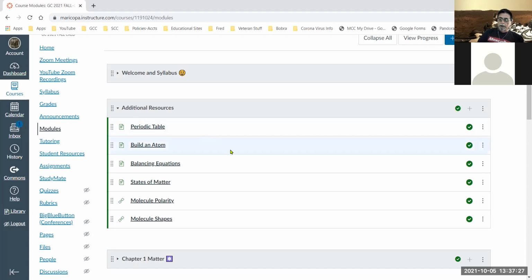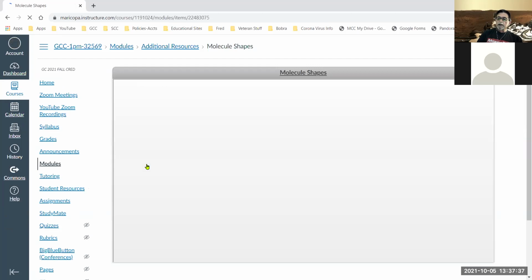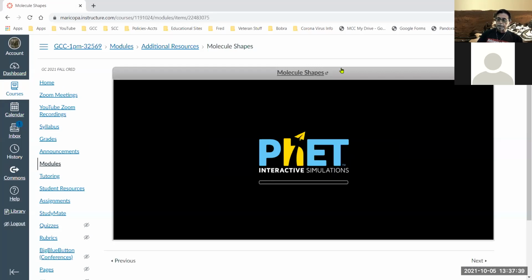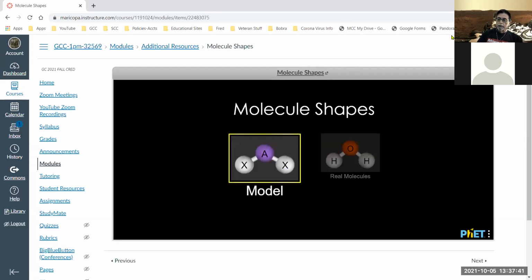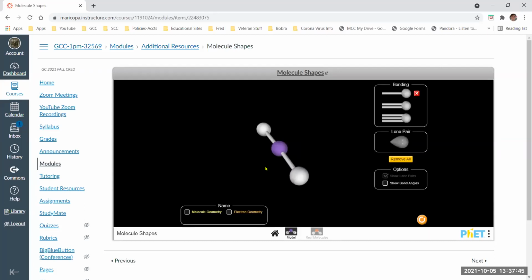Let's click shapes table, molecule shapes. The simulation is brought up. Select the first one, and you can just double click on the single bond to create a tetrahedral species.